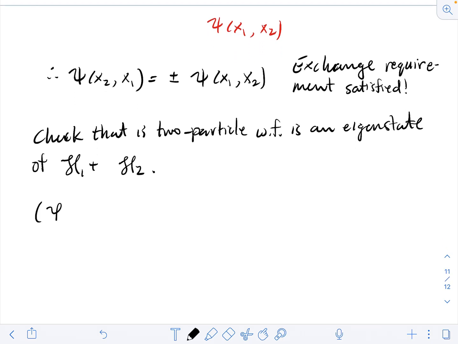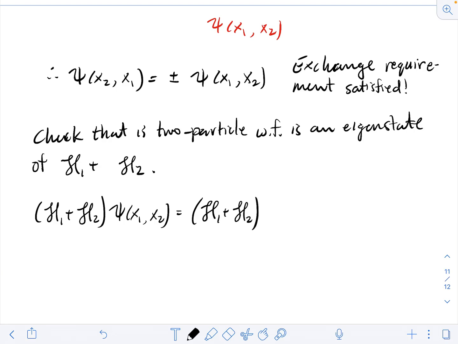Okay. So we're going to take h1 plus h2, and we're going to act on our two-particle wave function, which we'll have to write out again.